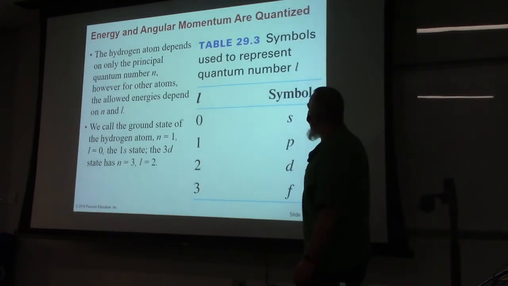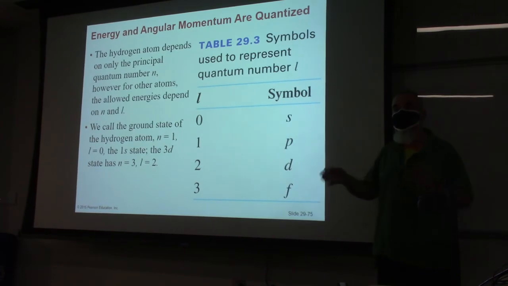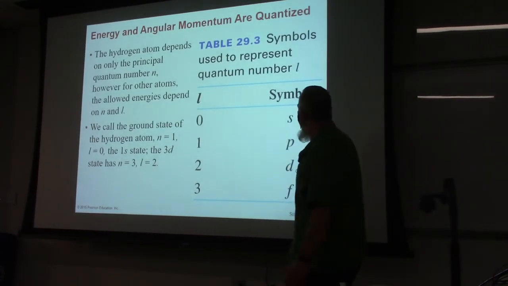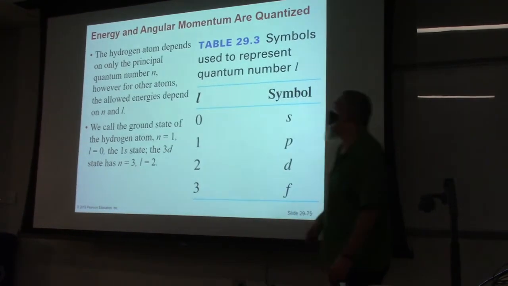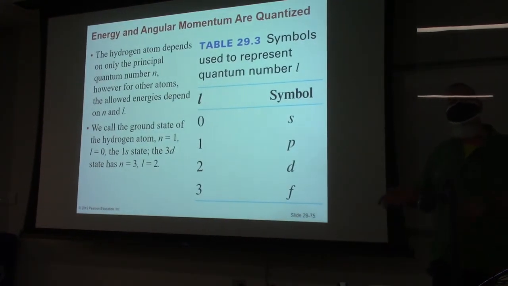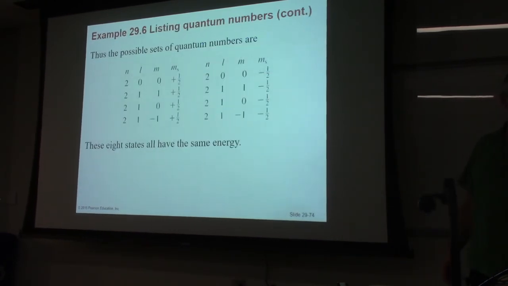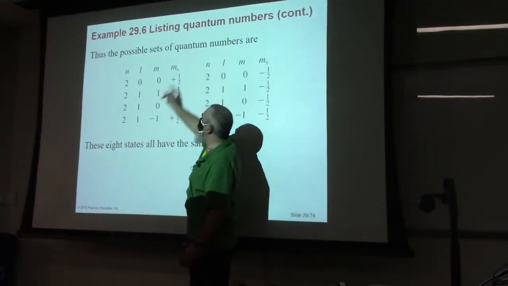So when l is 0, this is the s shell, and you get 2 states, right? You could put 2 electrons in that shell. When you had the p state, that corresponds to l being 1, and then you saw there's 6 there, right? Go back. 1, 2, 3, 4, 5, 6.